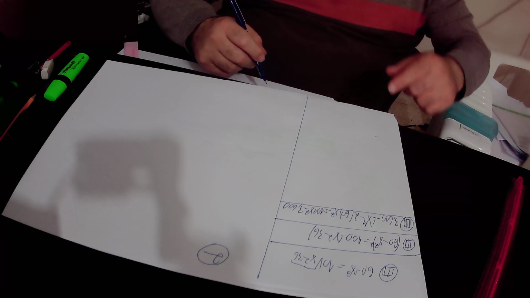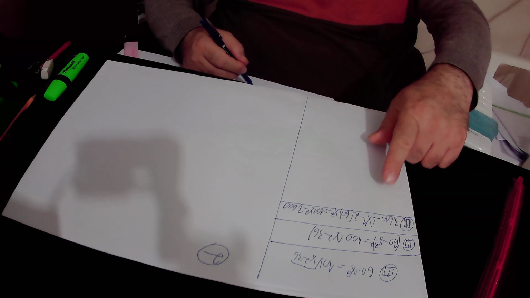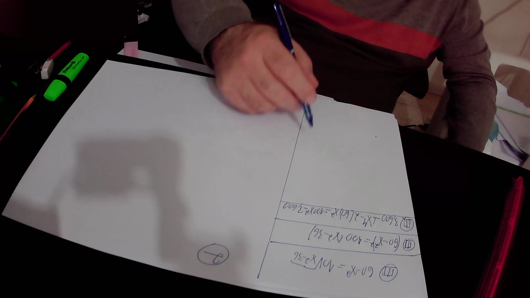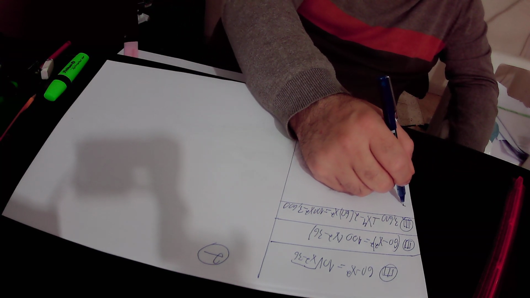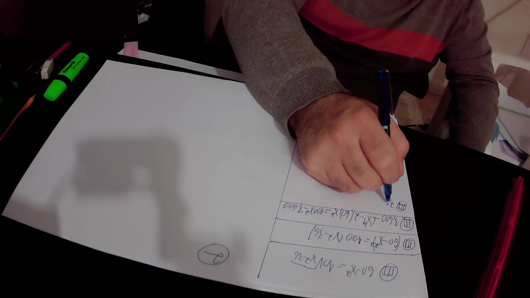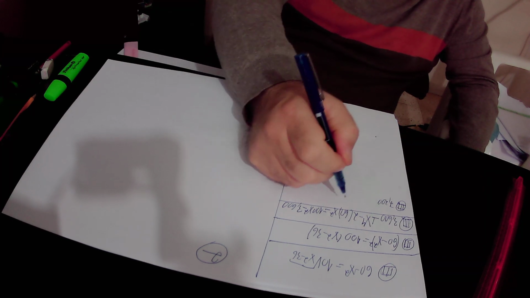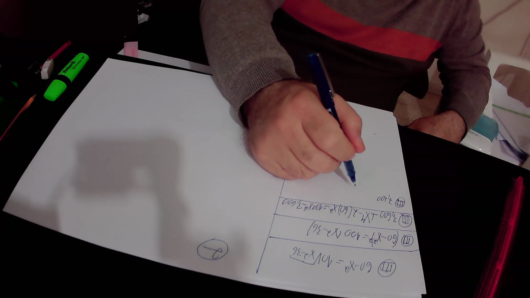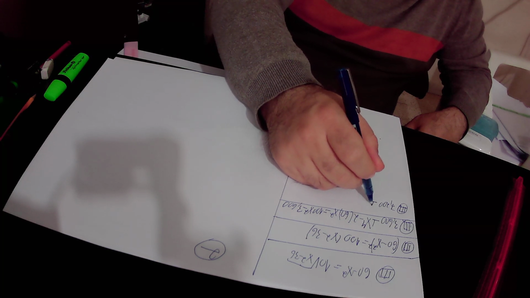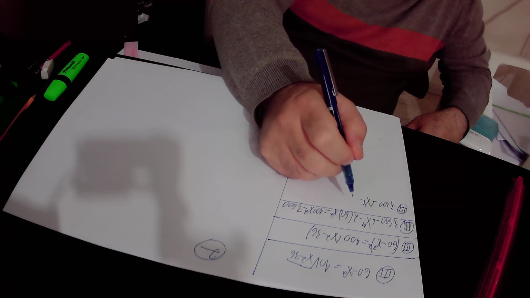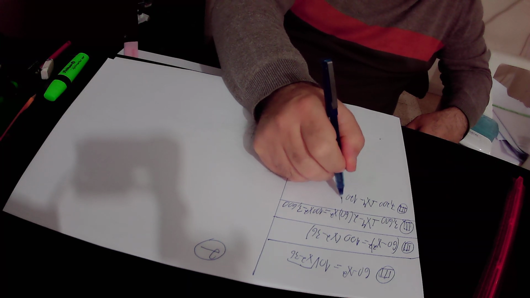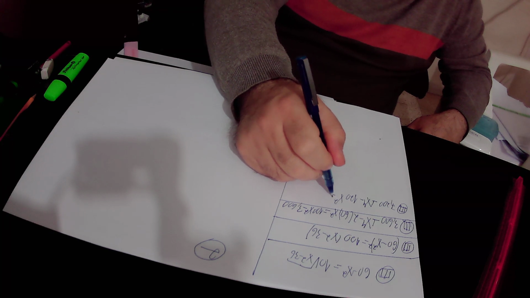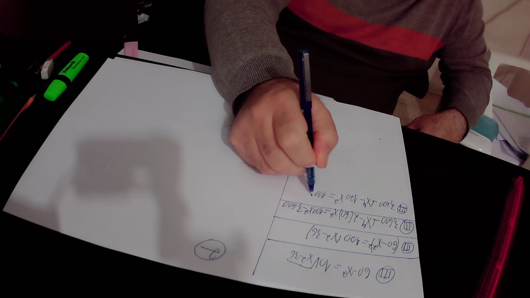So here we will add 3600 to this equation, and we will get that 3600 plus 3600 is 7200, plus x to the power of 4 minus 2 times 60 is minus 120 x squared, and it is equal to 100 x squared.